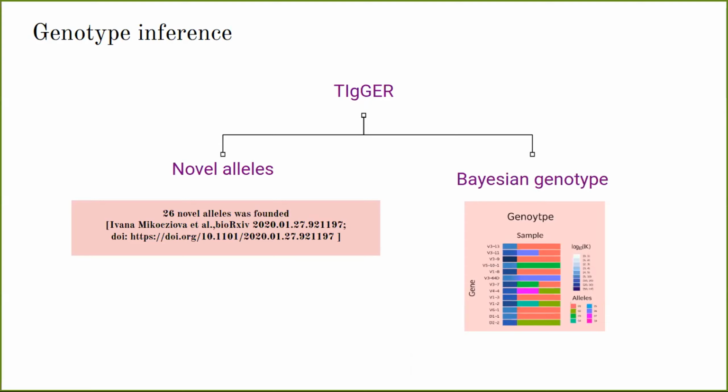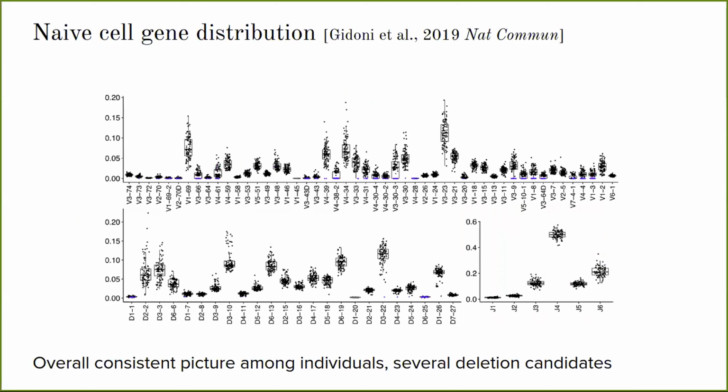So this was an important step for which we used the Immcantation tools, and it helped us a lot to later look at the gene distribution. Once we knew exactly what genes and alleles we had, it was easier to look at the gene distribution of all the individuals in our data set.